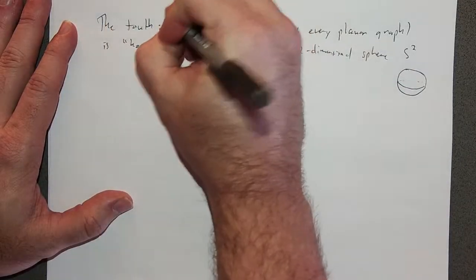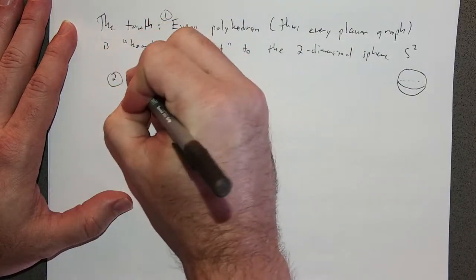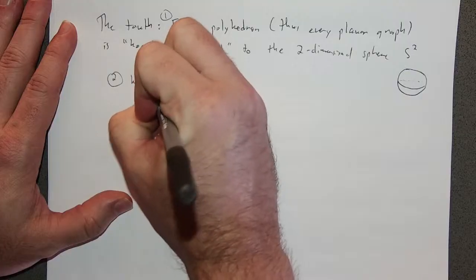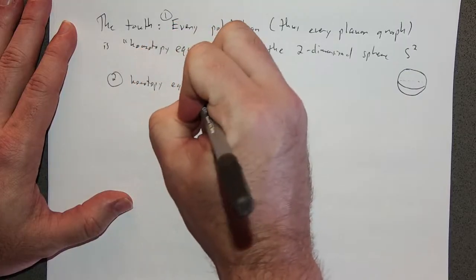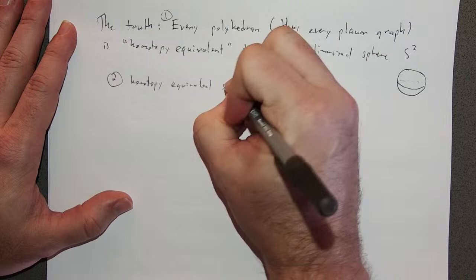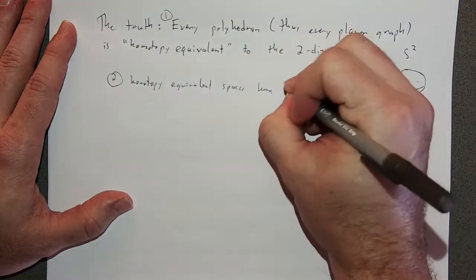So that's one. Two, homotopy equivalent spaces have the same Euler characteristic.